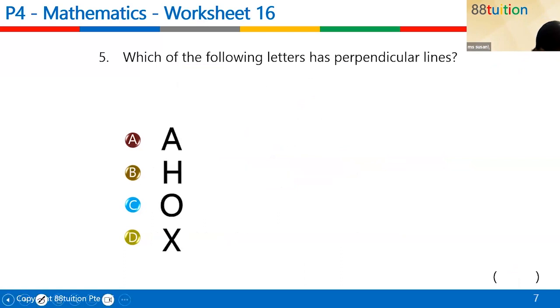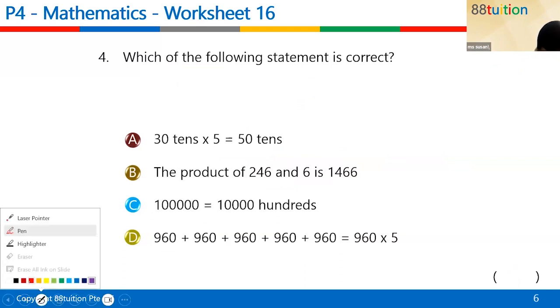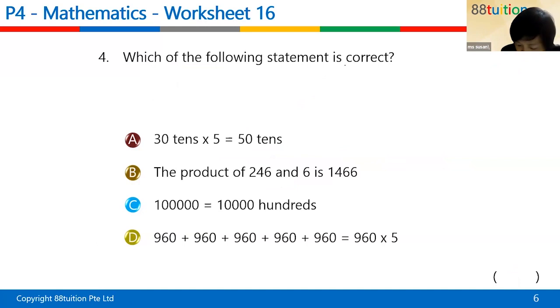A, 30 times 5 is actually 150. So this is crossed. 30 times 5 is 150 tens, so the statement is wrong.